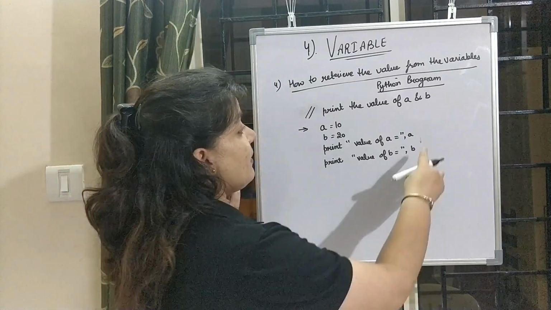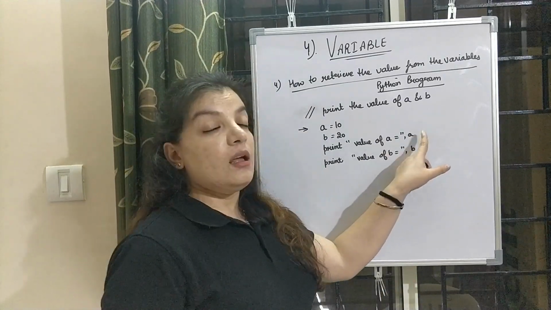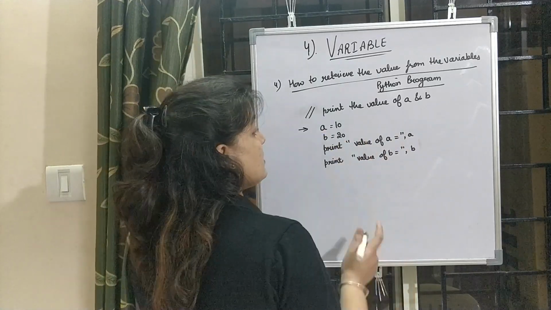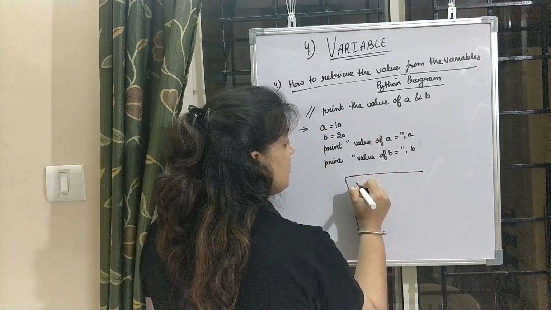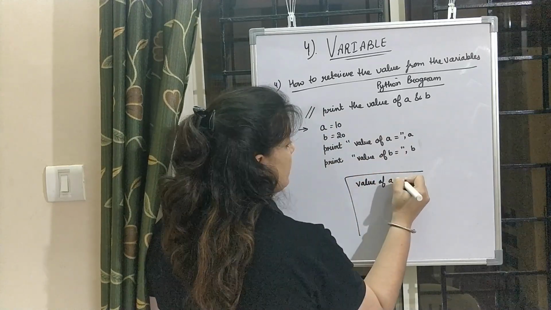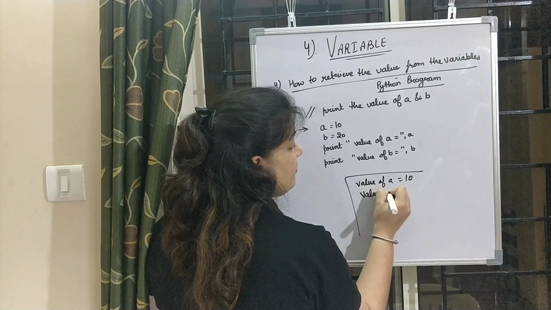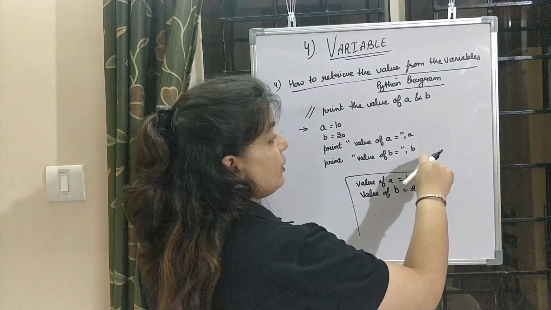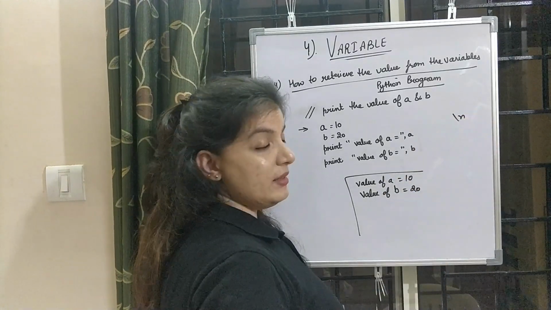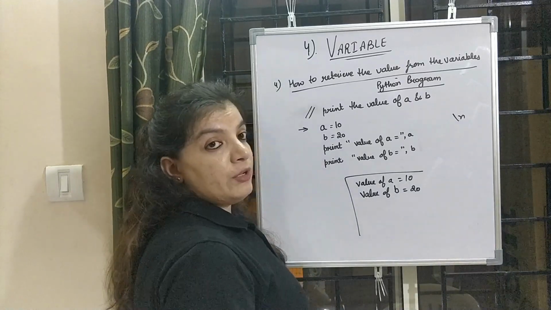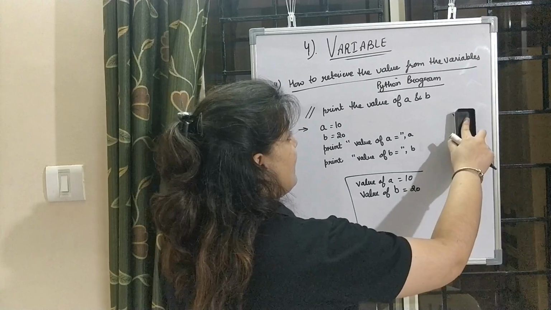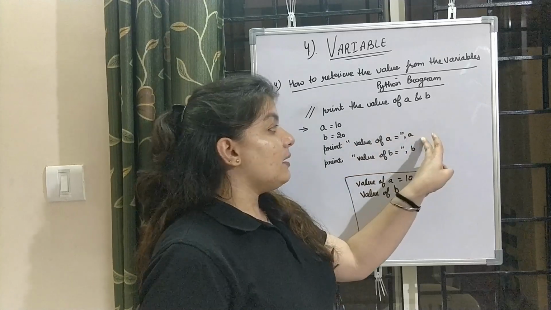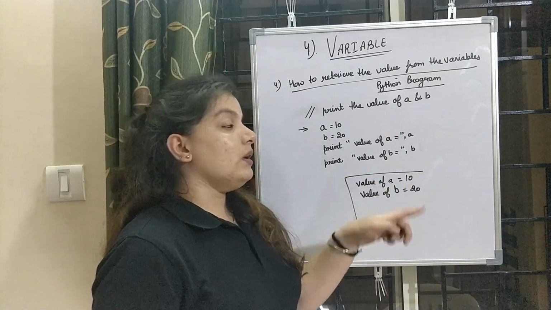If we write data types or a semicolon, the interpreter does not produce any result. When we execute this program, the output will be value of a is equal to 10 and value of b is equal to 20. As I told you, we don't need to write any special character like \n or println to move to the next line. In this programming language, the interpreter automatically moves to the next line when we write print on the next line.